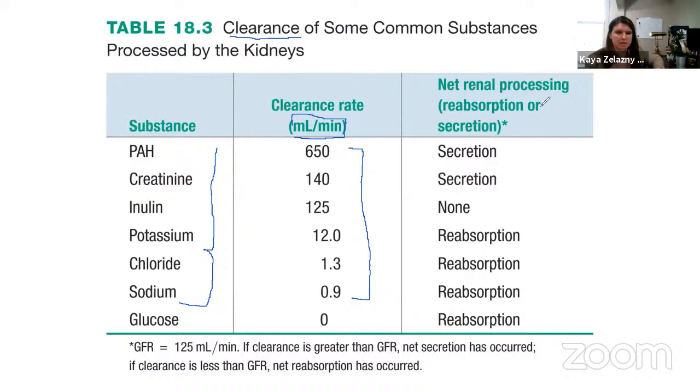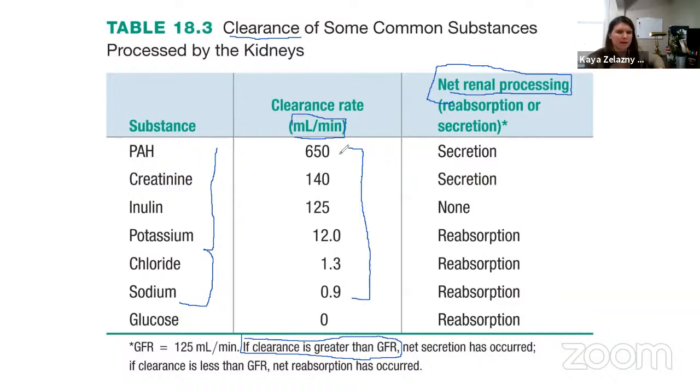And some of this net renal processing is going to be secretion, and some is going to be reabsorption. So this note at the bottom here is important. When we have clearance that is greater than the glomerular filtration rate, that means that net secretion has occurred.